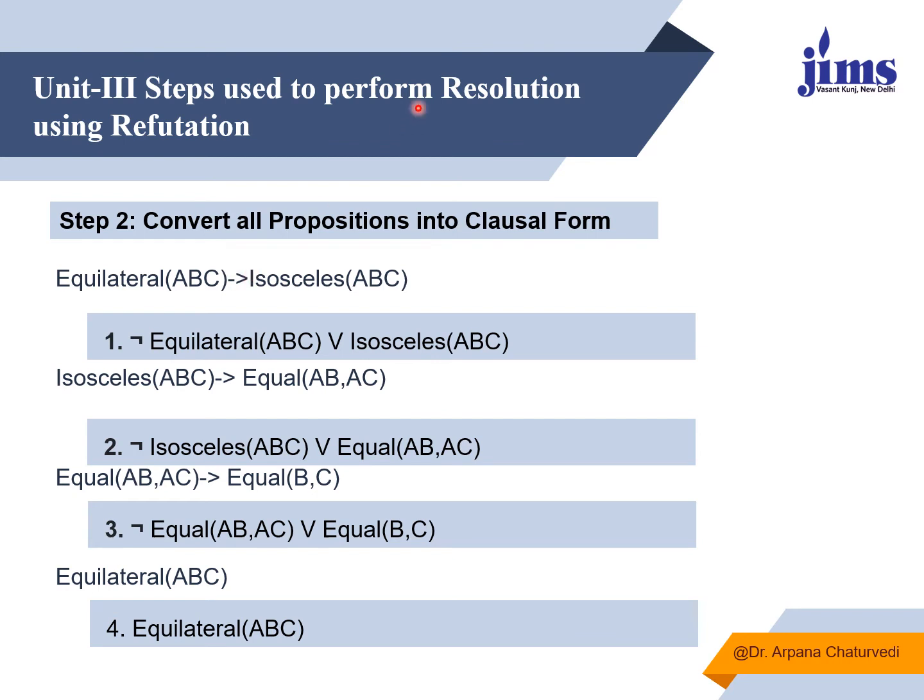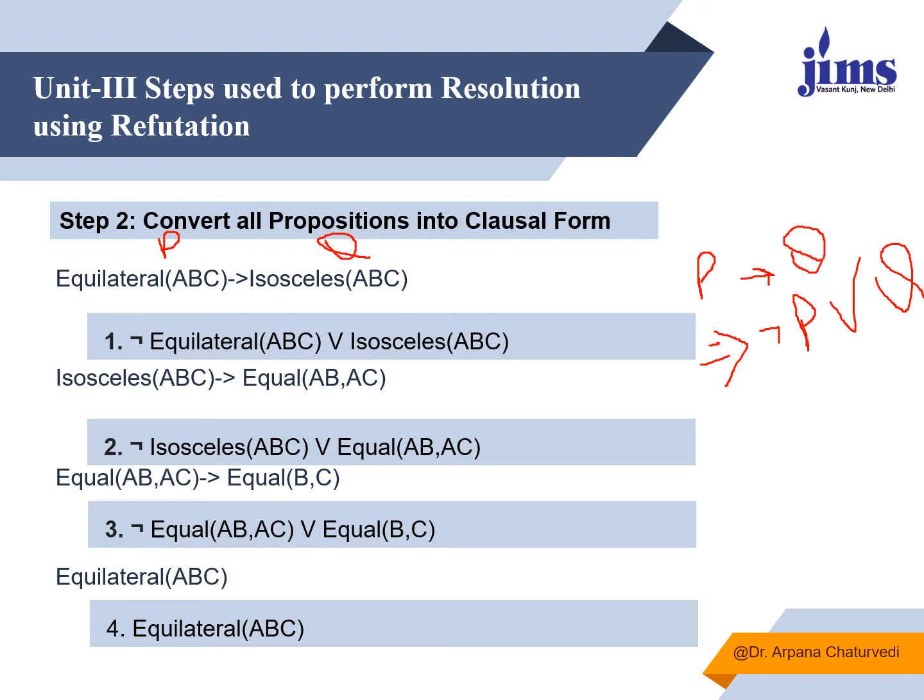We know that if there are two propositions and P implies Q, then it can also be written as not P or Q. Looking at this property, here equilateral triangle ABC is P and isosceles ABC is Q. So we convert this implication into: not equilateral ABC or isosceles ABC.